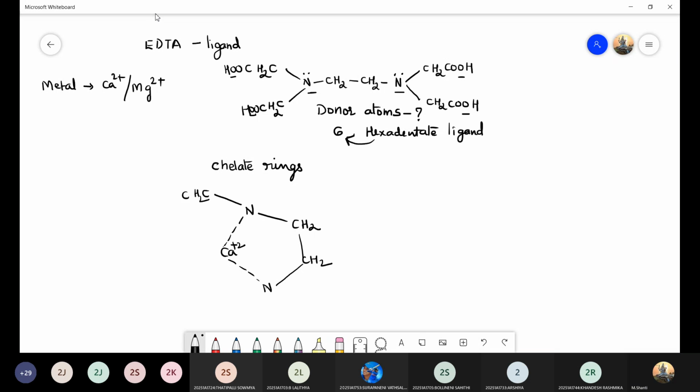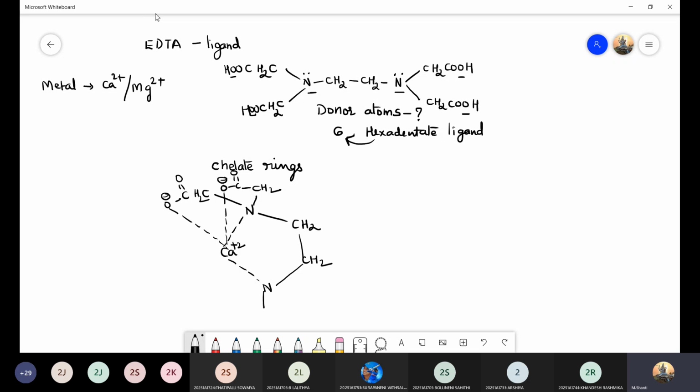You have CH2, C double bond O minus. This is 1. You also have another CH2, C double bond O and O minus. Again, these are forming a bond like this. From here you have another oxygen coming.